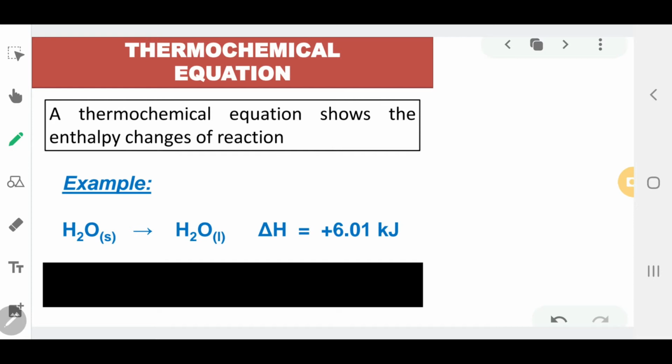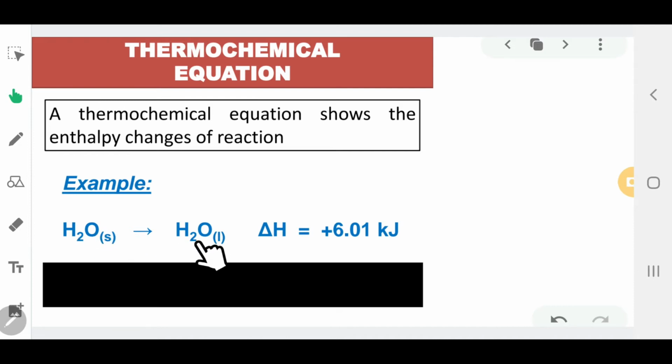Now, how do we write a thermochemical equation? In thermochemistry, when you want to talk about the enthalpy change, it's very important to know how to write and get to know thermochemical equations. For example, on your screen is a thermochemical equation: H2O solid converts into H2O liquid.